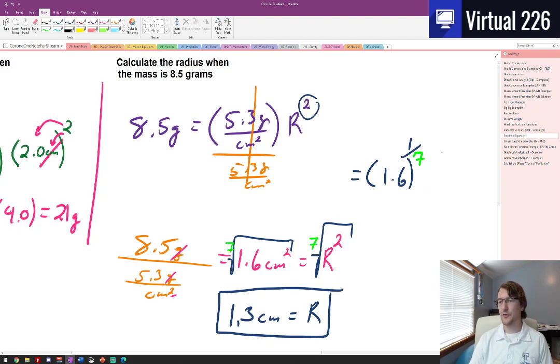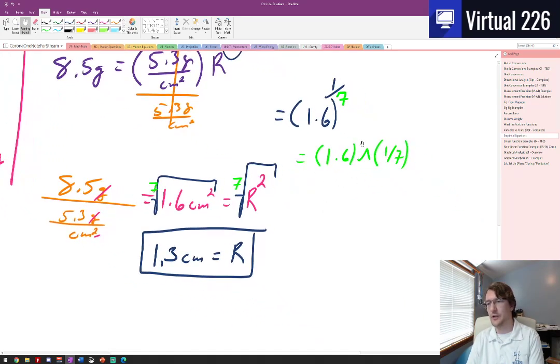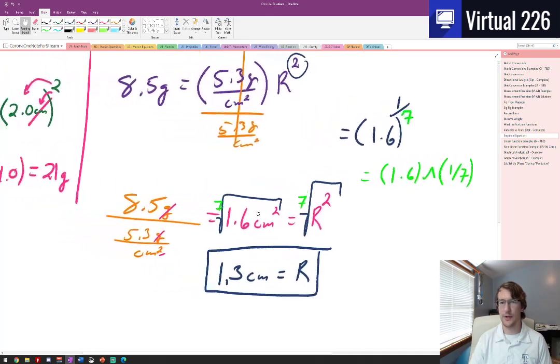Okay, that's much easier to do on a calculator because you can just say 1.6 caret to the 1 divided by 7. So if you have trouble with weird exponents or weird radical signs on your calculator, try it this way, see if it works. And if you still need help, in theory, you'll see me in school, or I can help you out and show you what to do there.